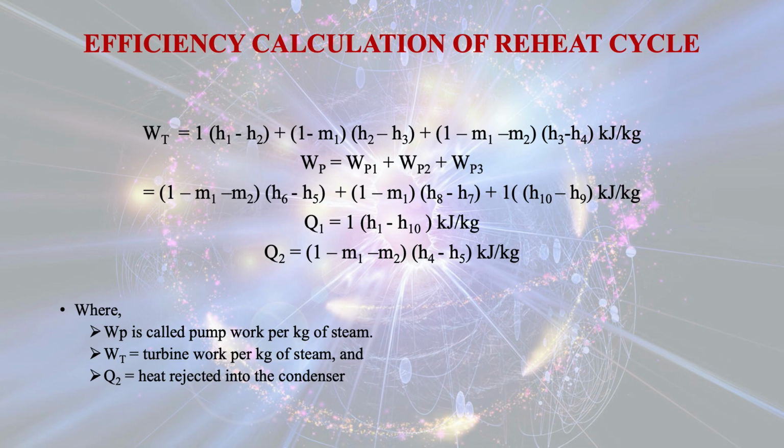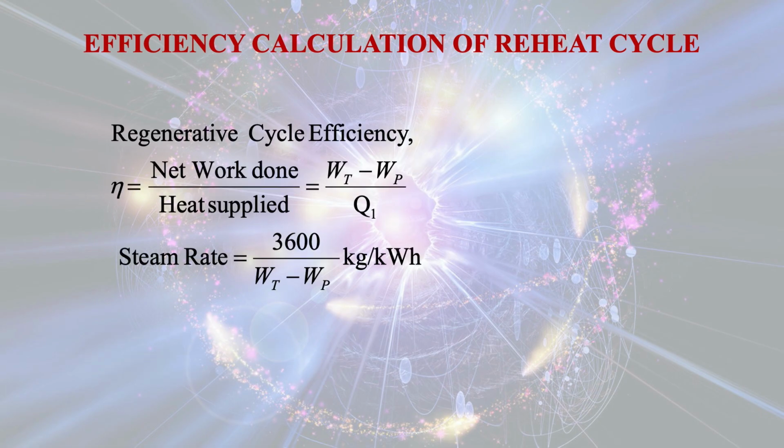Now the regenerative cycle efficiency is equal to net work done by net heat supplied. The net work done is WT minus WP, whole divided by Q1, because efficiency is defined as output by input. Here output is the net work, that is WT minus WP, and input is Q1.